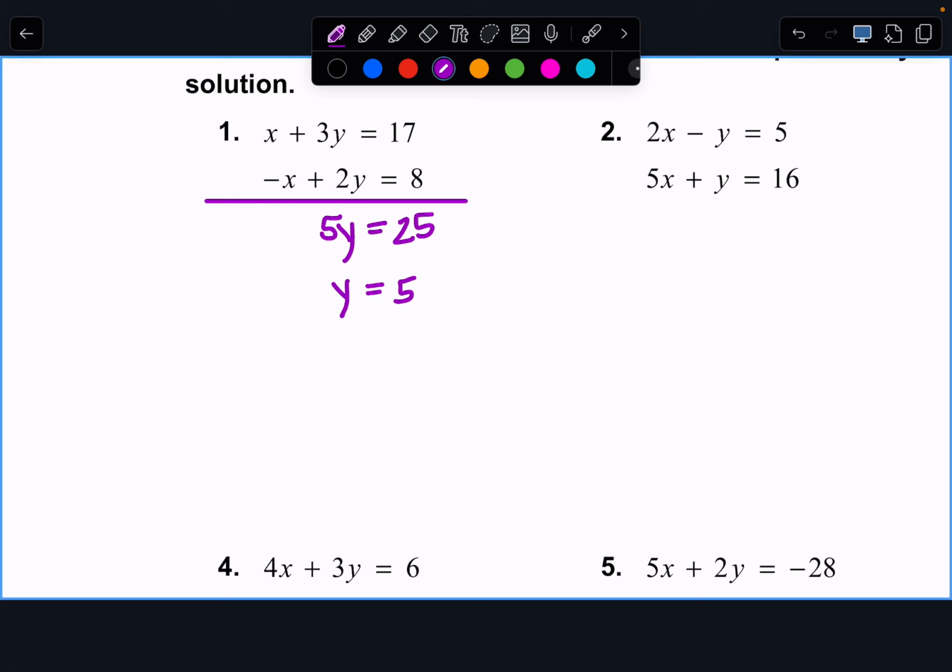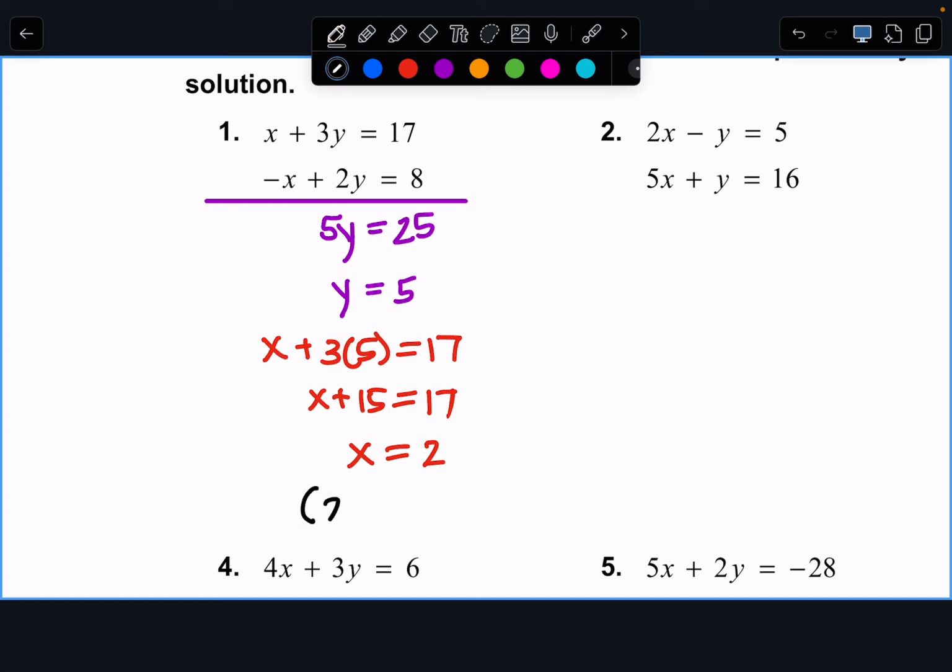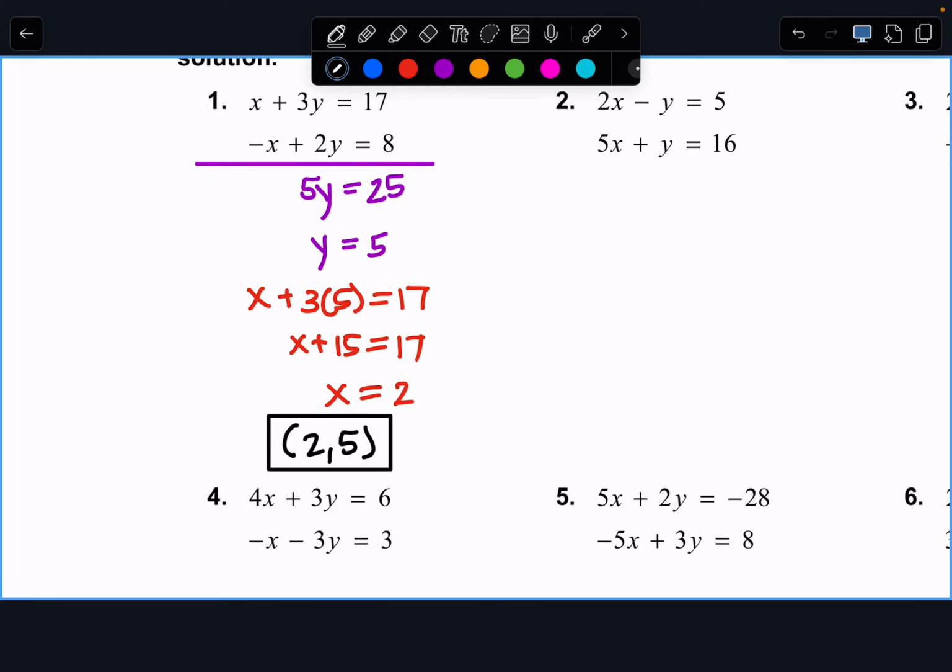Yeah, I think the first one is probably smoother. X plus 3y equals 17. So if x plus 15 equals 17, x is 2. So we have 2 comma 5. Okay.